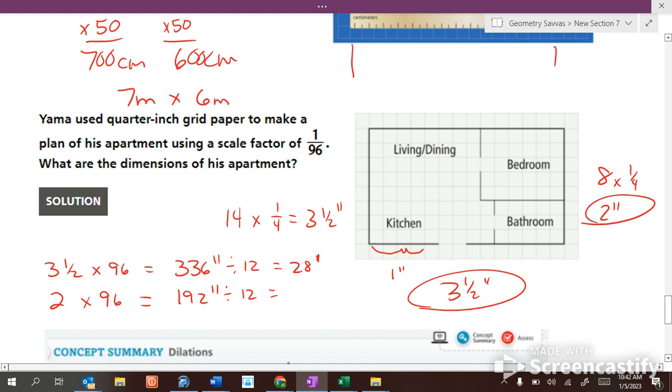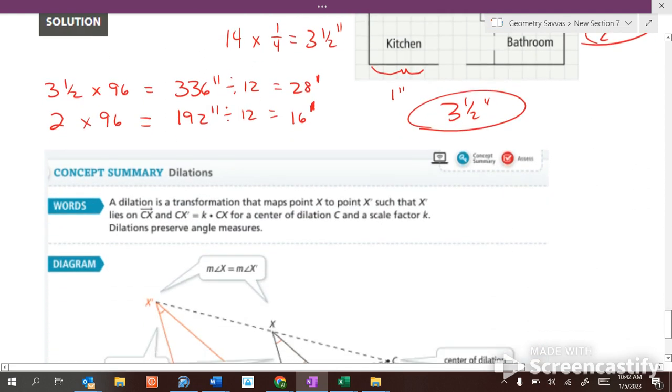And 192 divided by 12, Candy? 16. So it's a 28 feet by 16 feet apartment. Okay? Small apartment. But, hey, it's livable.